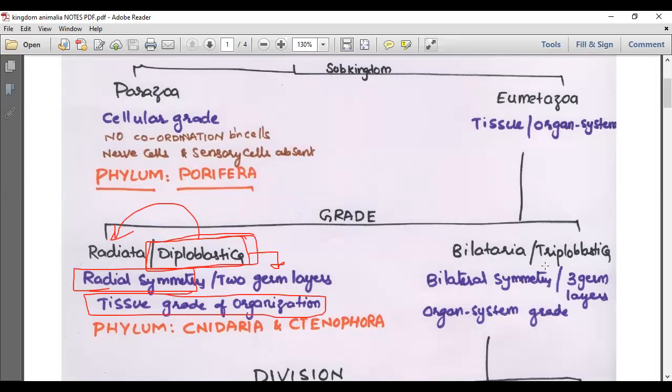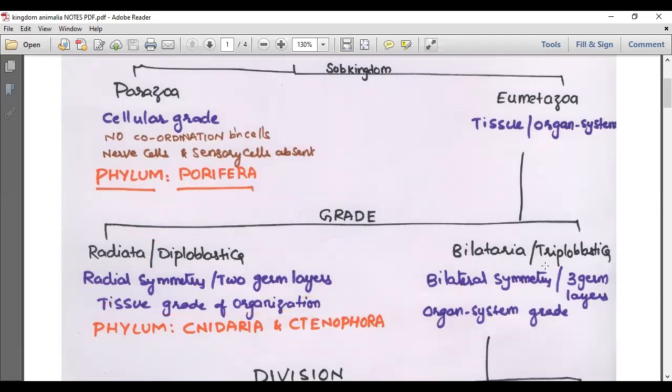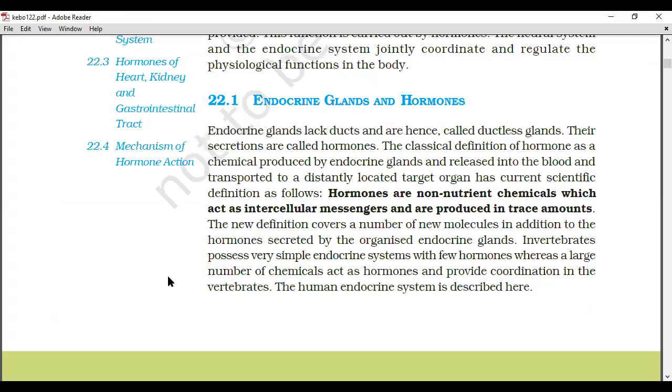The whole and soul examples for all these, two germ layers, radial symmetry, tissue grade of organization, are phylum Cnidaria and Ctenophora. That's why I'm saying that knowledge of kingdom Animalia is a must for us, to make us get perfection in this area.